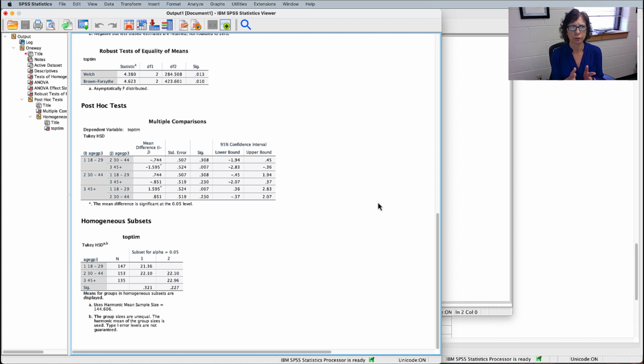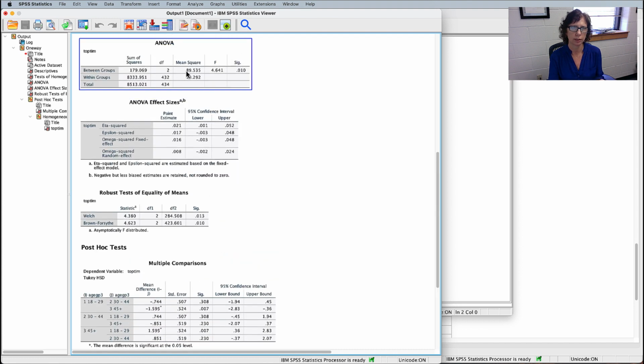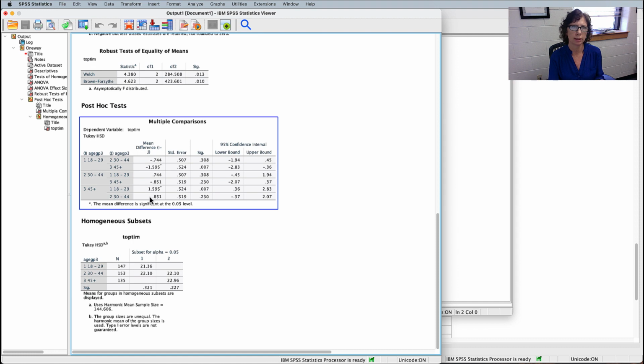Now, the trick to One Way ANOVA with post-hoc is that it has more opportunity for a type 1 error when we're multiply testing the same data like this, because we did the test for the ANOVA and then we did these multiple t-tests here, just looking at all of them.